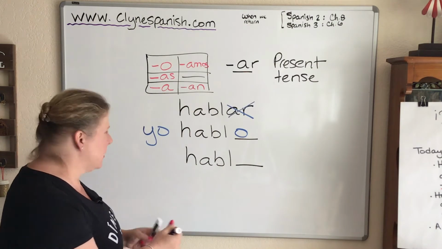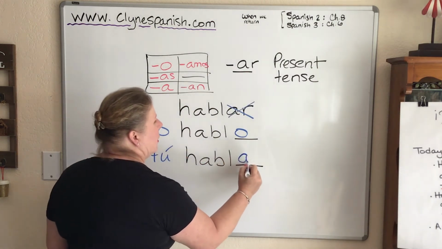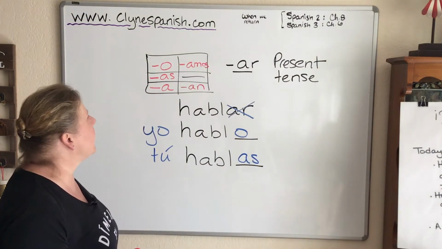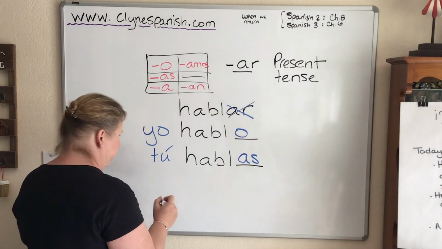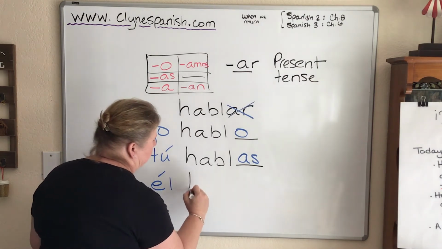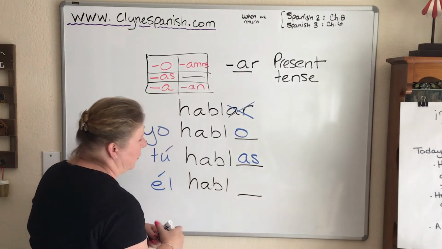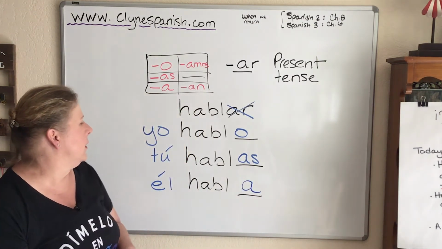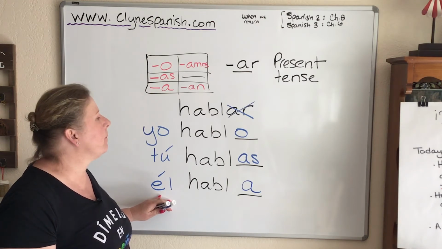It's AS. So therefore you have tú hablas. Nice and easy, right? So take a guess. What would the él, ella, usted form be? If you guessed habla, then you're correct. So él habla, ella habla, usted habla.